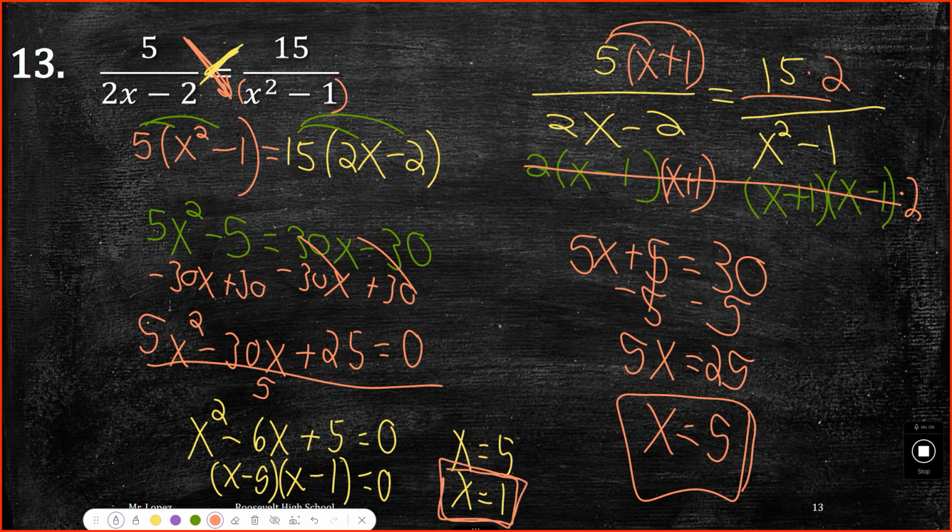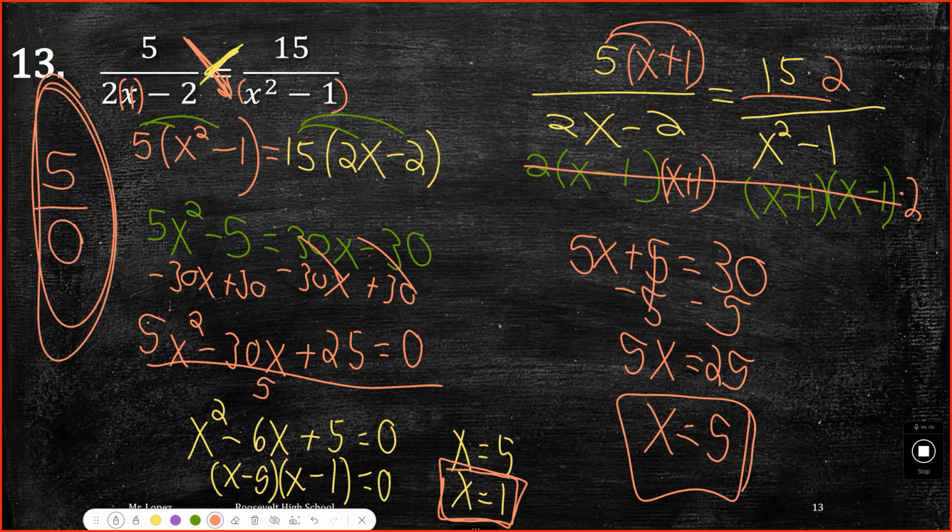Because if I plug in x equal to 1 in here, what is 2 times 1? And what is 2 minus 2? Can you divide by 0? That is a sin in mathematics. Nobody knows. Einstein doesn't know. Nobody knows. This is not an answer. So the only answer was 5.